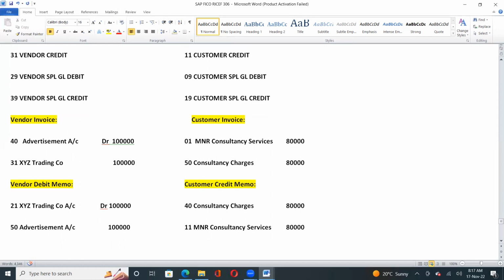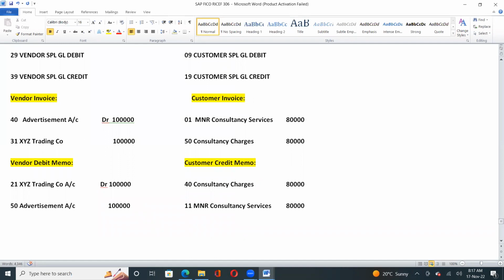So here we need to create reconciliation accounts. We need to create a reconciliation account, meaning an integration account between the GL module and the AP module. So for AP module we are going to create trade payables. This is a reconciliation account, trade payables.